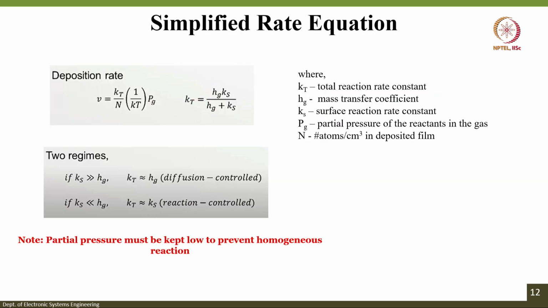So, moving on to the rate equation or the growth mechanism. We are not going into the particular mathematical derivation of these equations, but we will just see what we can infer from these basic mathematical equations. The first equation, as you can see, relates the deposition rate to the partial pressure in a CVD chamber.